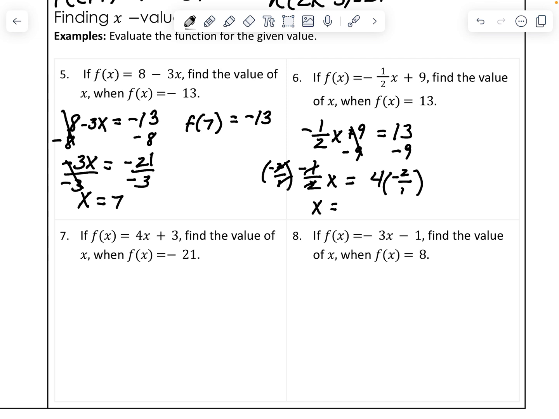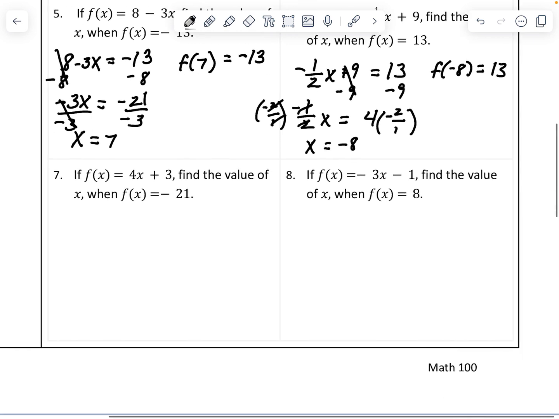So I'm going to end up with negative 8 over 1, which is negative 8. So x equals negative 8. So f of negative 8 equals 13.